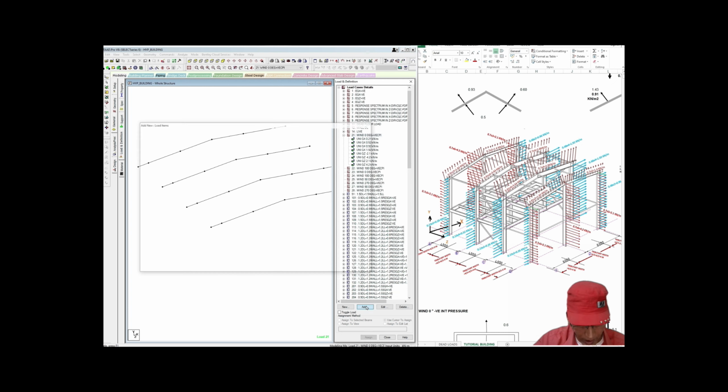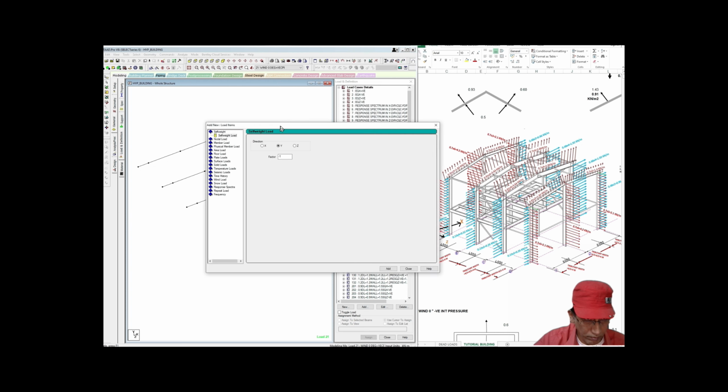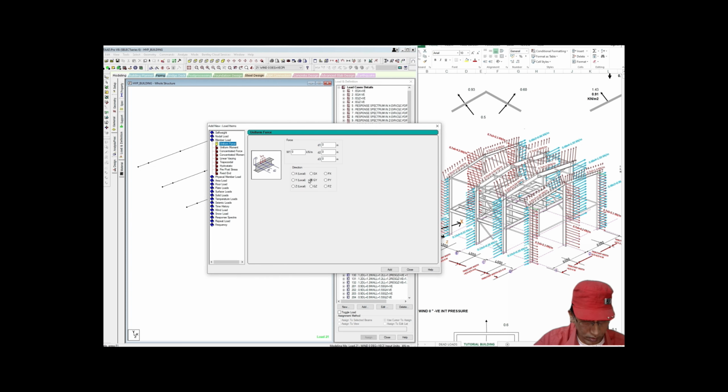Okay, go again, add member load 1.82. It is in positive local Y direction.